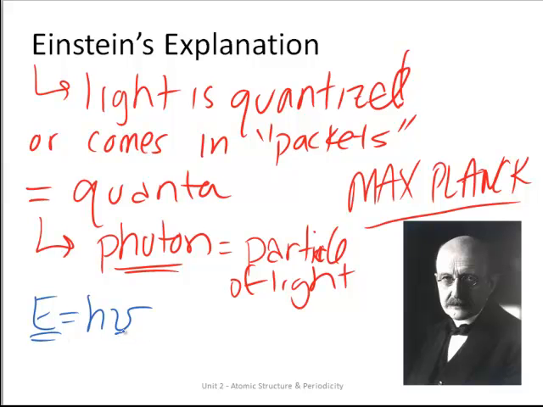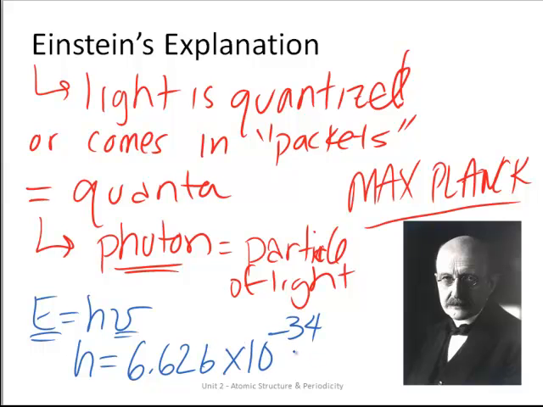And you can see that here we have the frequency, and h is actually a constant, Planck's constant, which is 6.626 times 10 to the negative 34th joules seconds, and capital J is joules, the unit of energy.